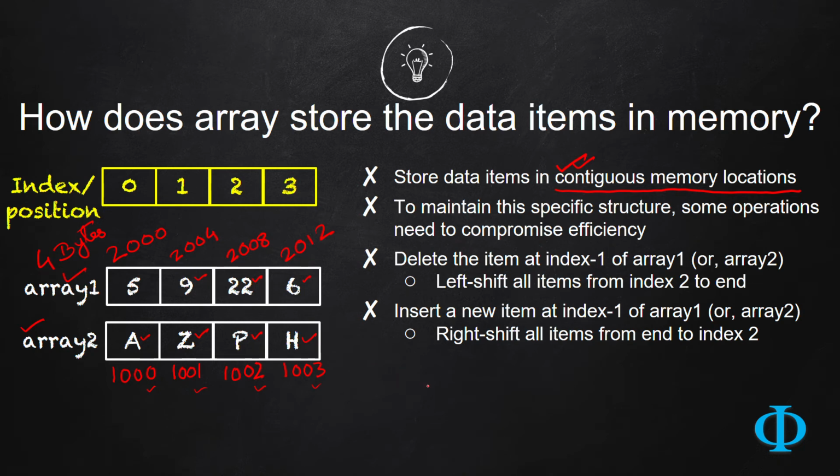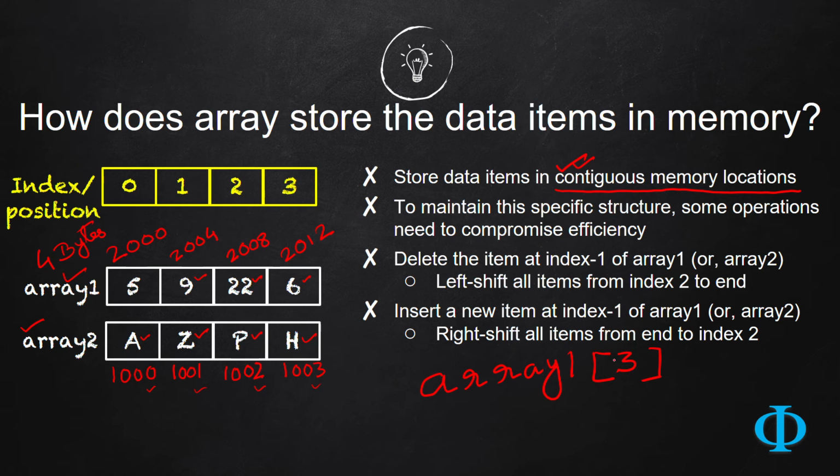accessing the elements. If you want to access an element of an array, you just need to specify the index, like let's say array 1 followed by 3.